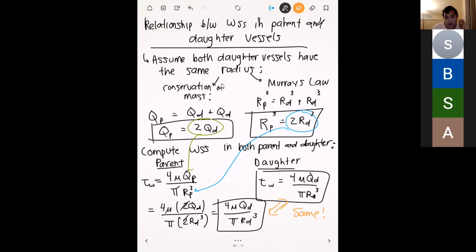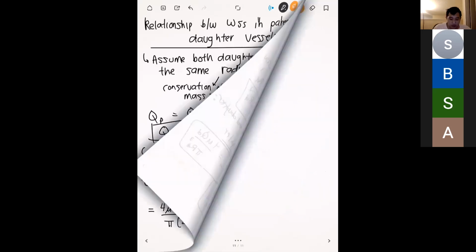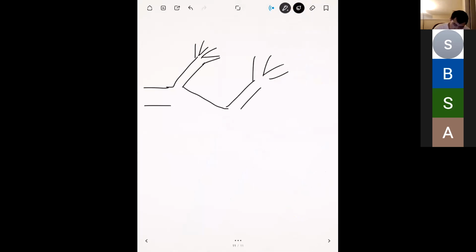Any questions on this before we wrap it up? Okay. Let me draw one picture just to show you how crazy this is. If I draw a really big bifurcating tree, with one parent here, and we draw both its daughters and its grandkids as well, and say it's going to have some great grandkids.